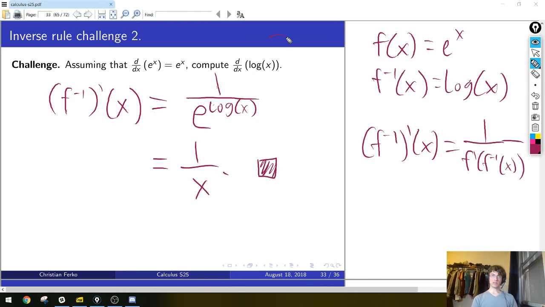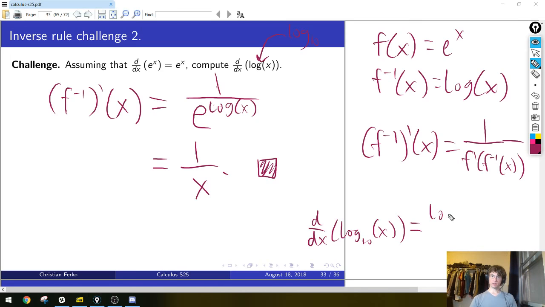And now you see why I refuse to write log for the base 10 log, because some heretics in high school classes like to insist that when you write log with no base, it means log base 10. But if you do that, the derivative ddx of log base 10 of x is really ugly.